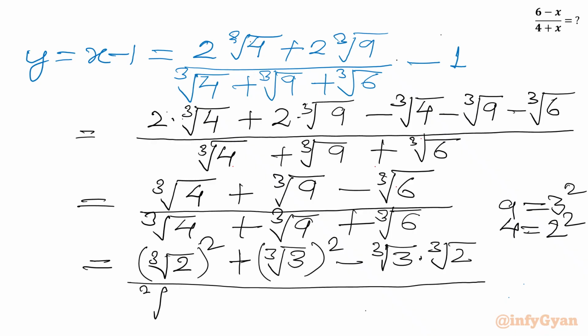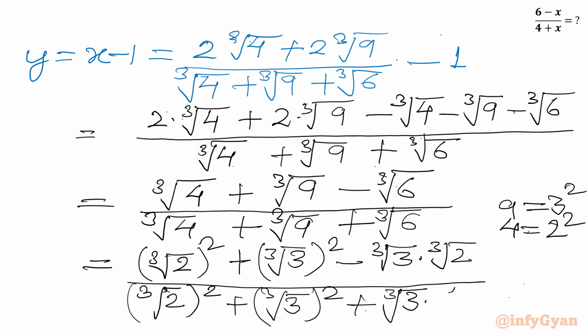Similarly, we will write the denominator as (cube root 2) whole squared plus (cube root 3) whole squared plus cube root 3 times cube root 2.